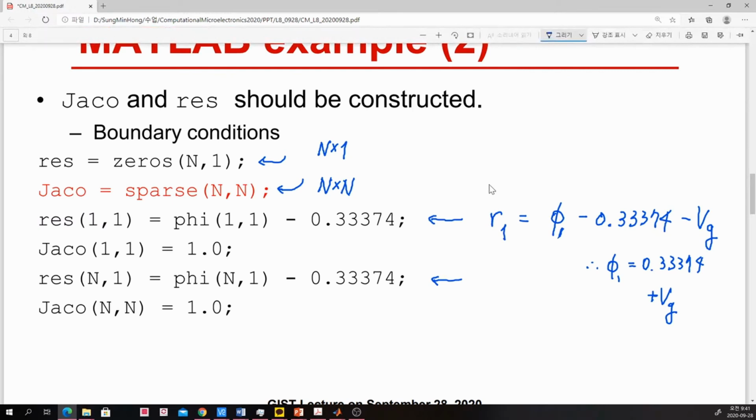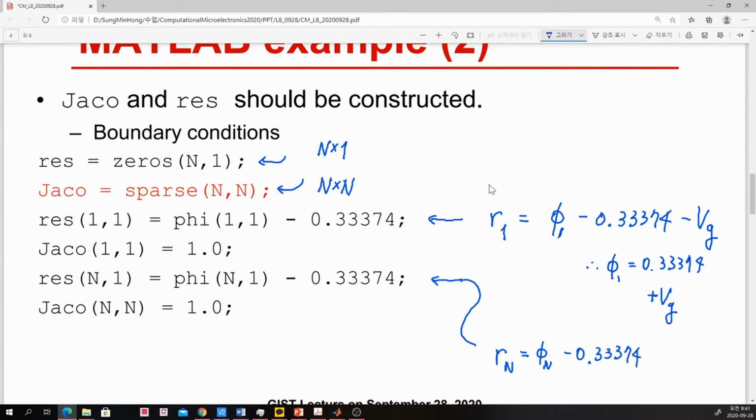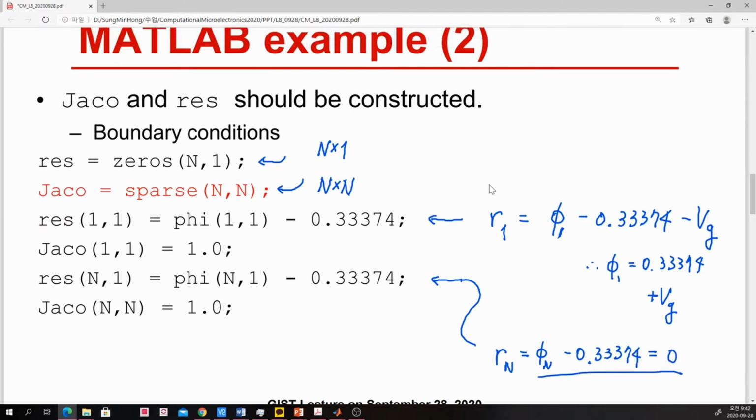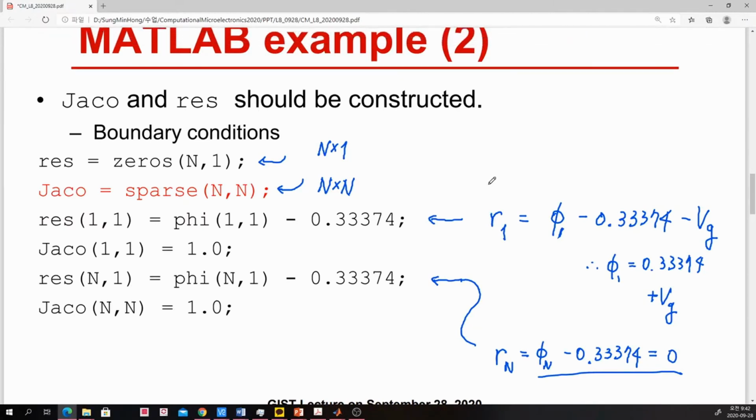The same holds for our R sub n. In this case also we can apply phi n minus a certain number, and the boundary value should be 0. That is our goal, and we apply the certain value directly to our boundary variable.